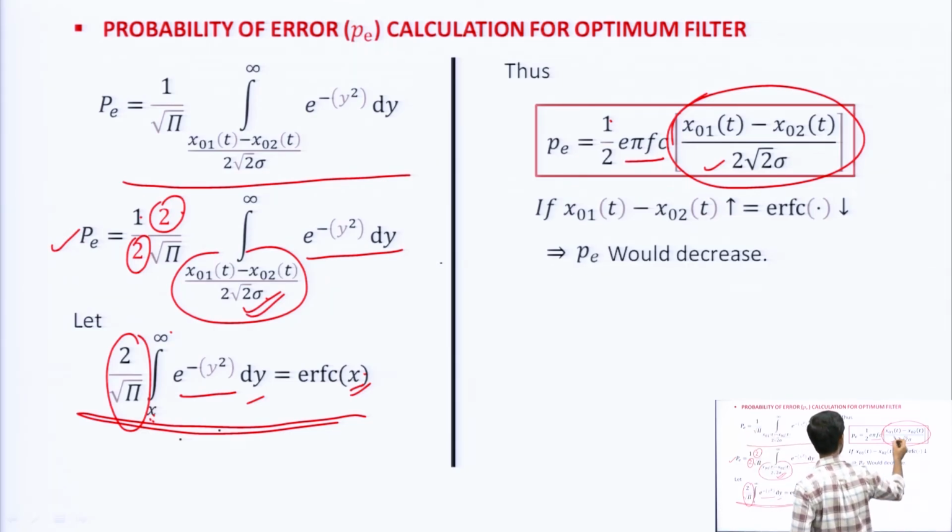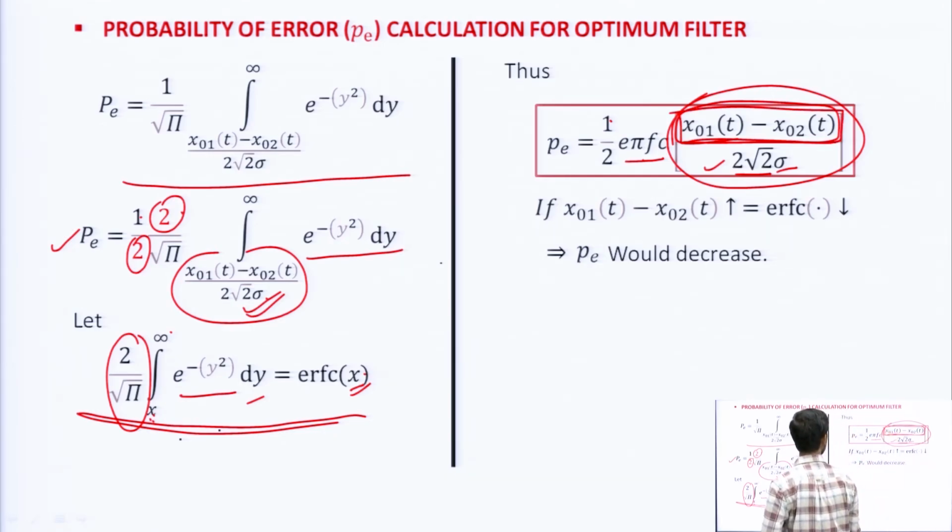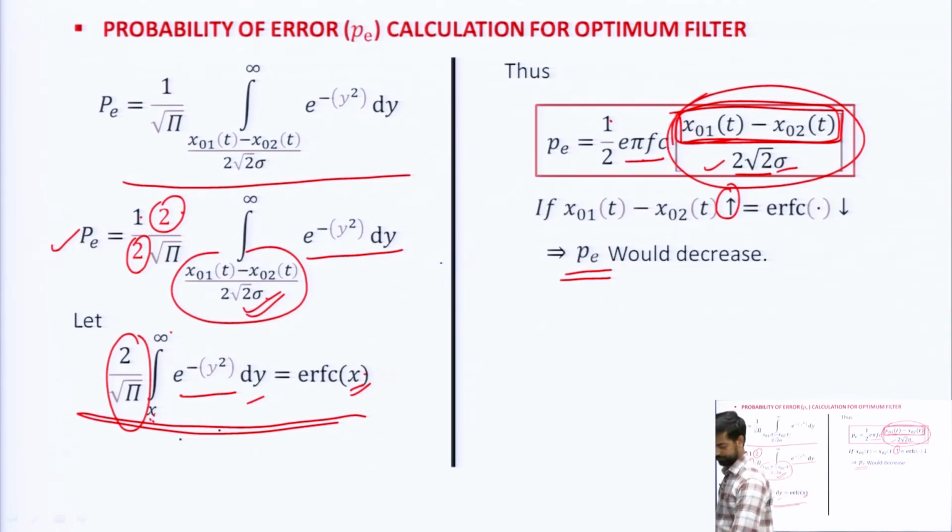So if this difference increases, then the erfc function would decrease, because 2 root 2 is constant and sigma is also constant. The only variable is x naught 1 of t minus x naught 2 of t. So if this increases, then the erfc function will decrease, and hence the probability of error would decrease.